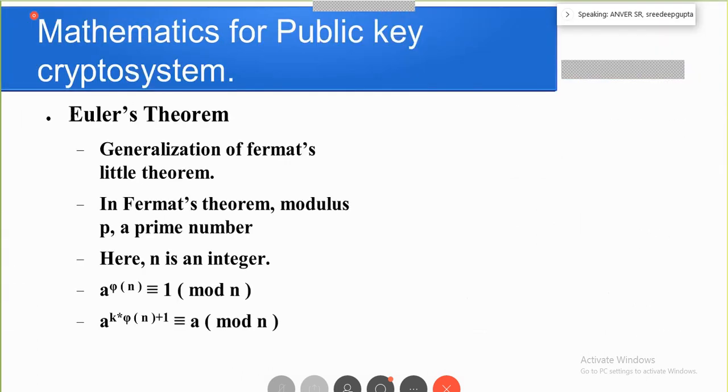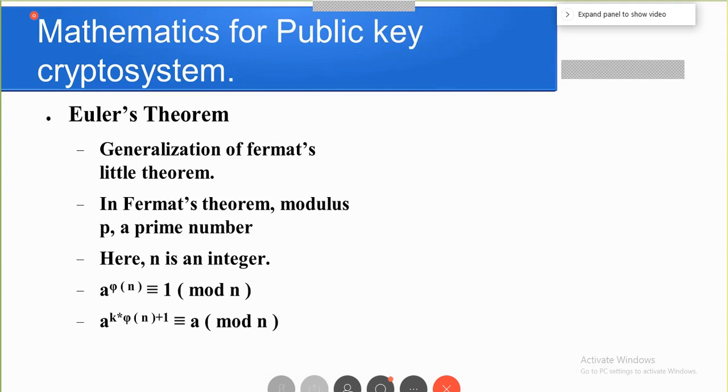The next is Euler's theorem, because we are using this Euler's theorem in the RSA algorithm. This is a generalization of Fermat's little theorem. In Fermat's theorem, the modulus is a prime number p. Here we are considering the modulus n, where n is any integer. It may be prime or composite. Then it can be written as a raised to phi of n. Because if the modulus is a prime number p, then phi of p will be equal to p minus 1, because all the numbers from 1 to p minus 1 are relatively prime to p.